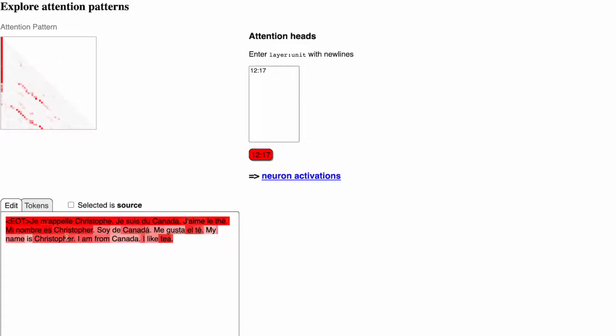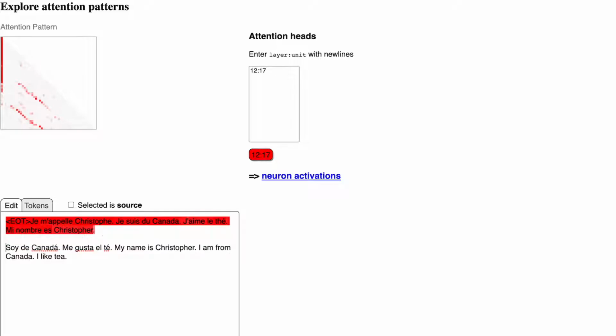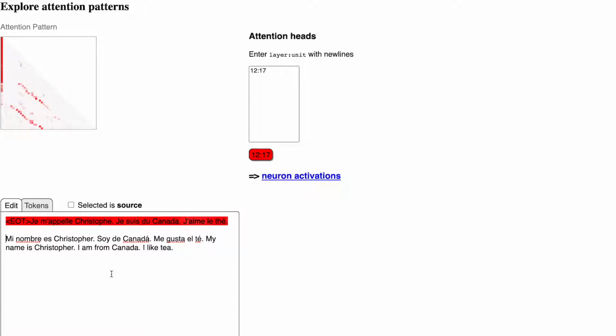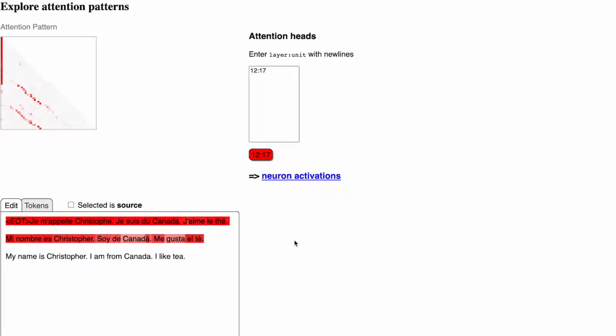Maybe I'll put this on multiple lines so that it's a little bit clearer. I'm not even splitting the languages up right. Okay, so we have French on the top line. Je m'appelle Christophe. Je suis du Canada. J'aime la terre. And then we have Spanish, which I'm not going to try to pronounce. And then we have the English.